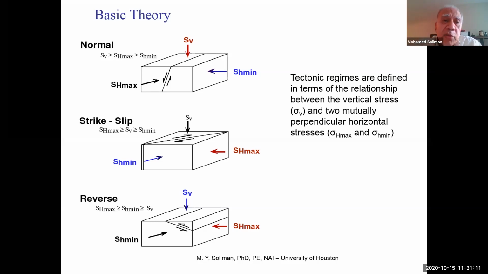Another big issue that we are not going to get into is during drilling, because especially if you plan to eventually drill a horizontal well, as the well is deviated, you need to consider your deviation from vertical and the inclination from north relative to your stresses. So you could have a lot of problems during drilling. We're not going to get into that, but this is a very important issue.